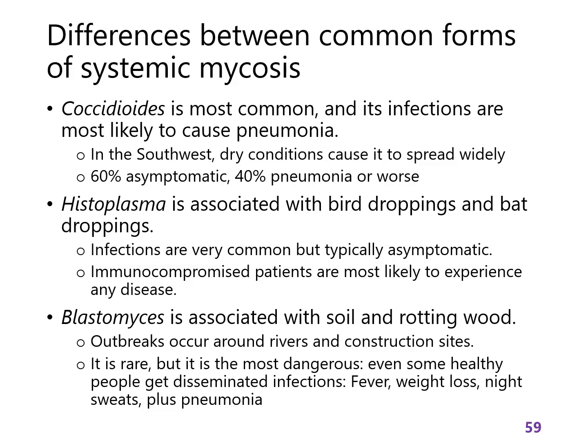So what that looks like in this case, since there is an immune system fighting it, it doesn't look exactly like it would if an immunocompromised person had disseminated infection. Instead, what they're going to see is a fever and weight loss and powerful immune response leading to things like night sweats. And of course, they will also have pneumonia because that's how they originally got the disease. So these last two, histoplasma and blastomyces, these are the most likely to cause the disseminated infection.